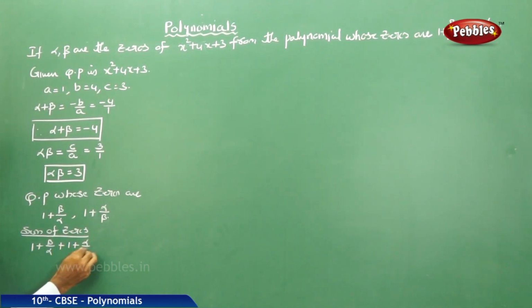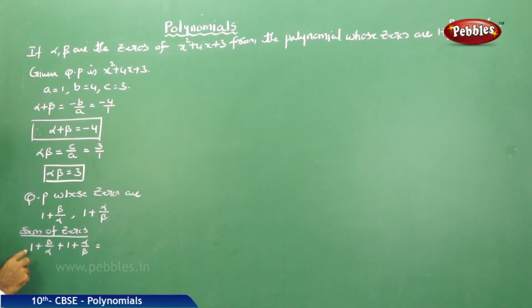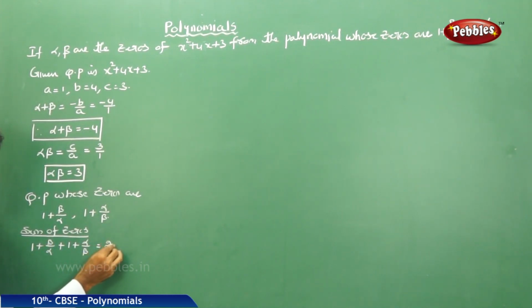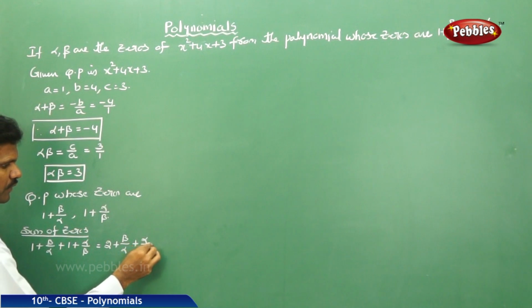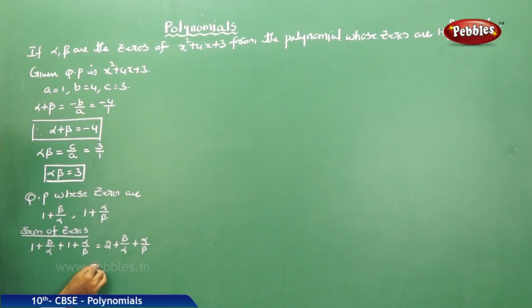The simplification of this one: 1 plus 1 is 2, plus beta by alpha plus alpha by beta, that is equal to, LCM is alpha beta.